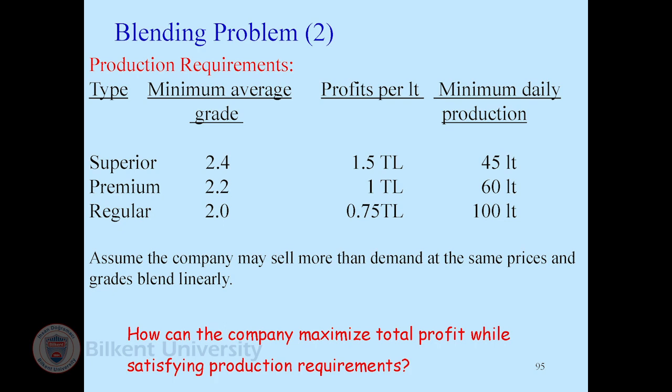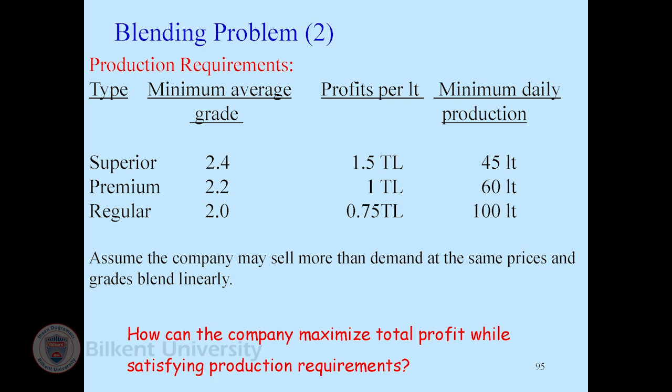If the average grade in the liter is at least 2.4, I can label it as superior orange juice, okay? If I cannot make it superior, but if the average grade is 2.2, I can label it as premium.